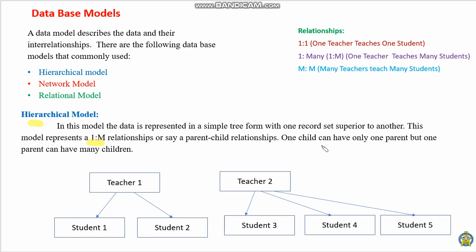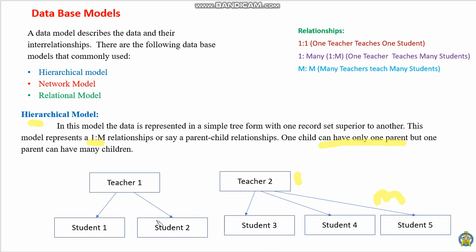Here, one child can have only one parent, but one parent can have many children. So one parent, many children. A parent may have many children, but the child will have only one parent.